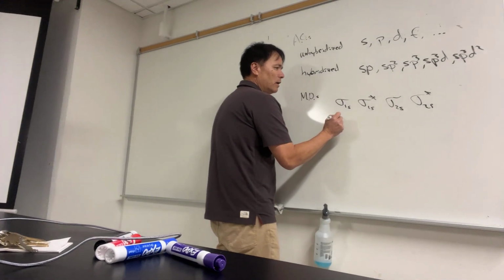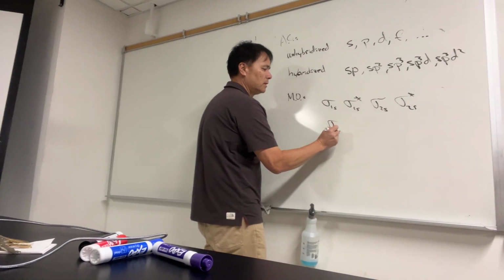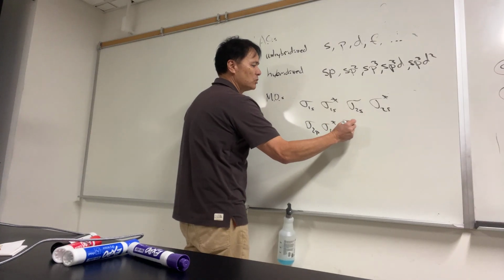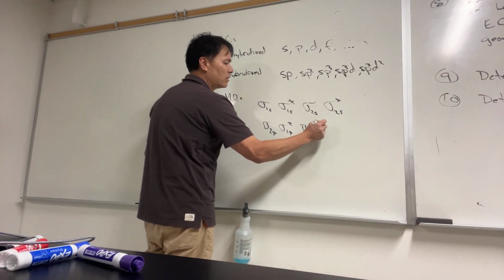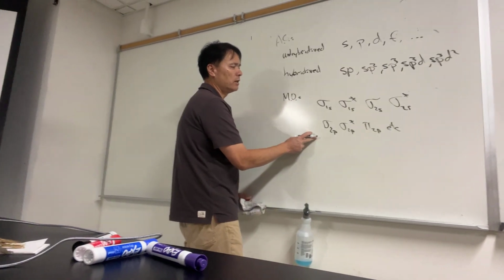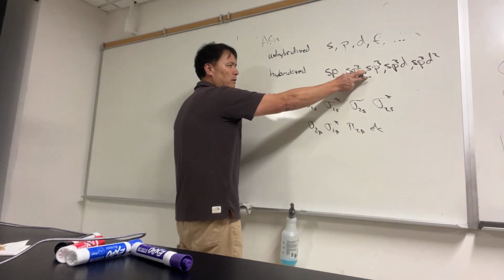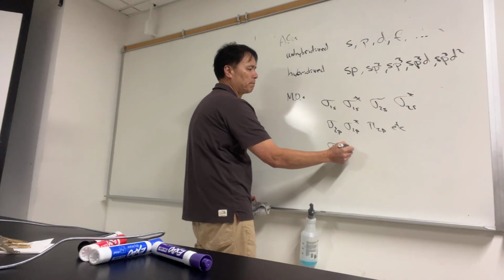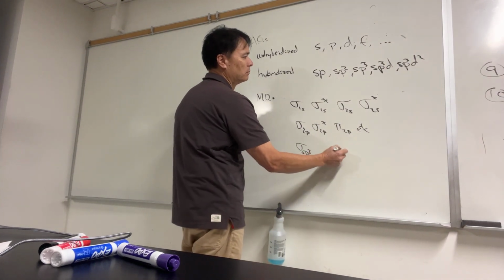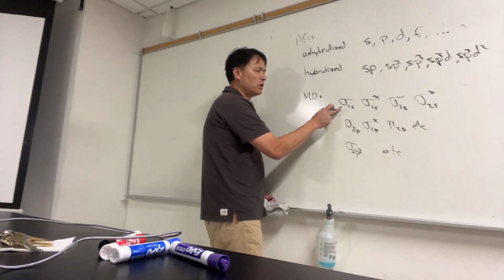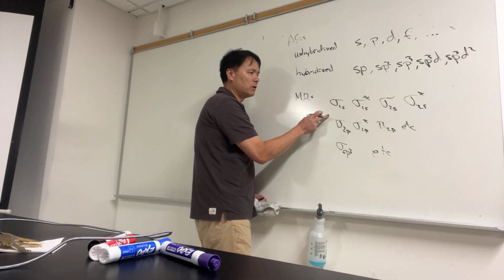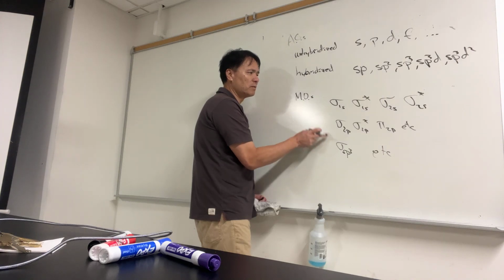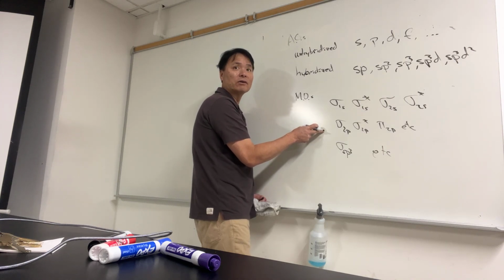And then we have sigma 2p's, sigma star 2p, pi 2p, etc. And then we can do the hybridized orbitals as well, so we could have a sigma sp3. We learn about these MOs, but we're only going to do the very simplest MOs, so there aren't that many. Students usually just memorize the MO diagram.